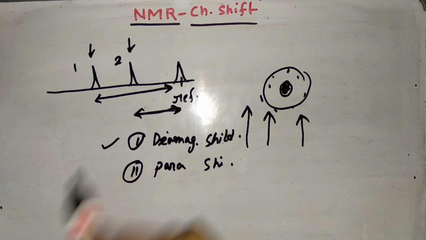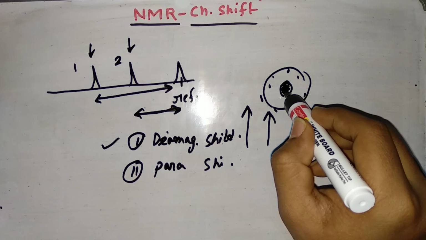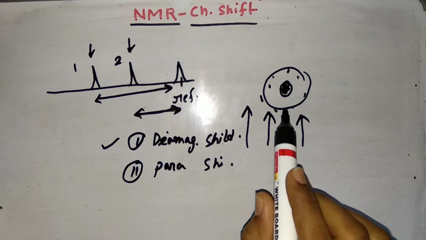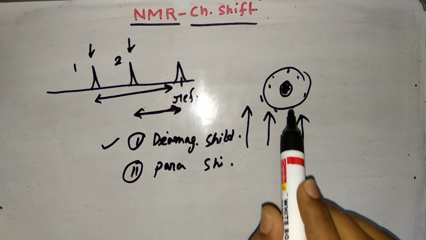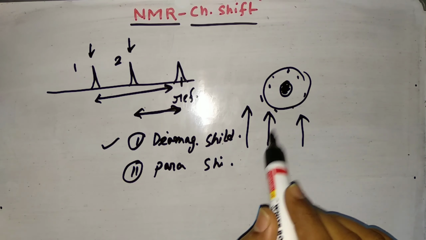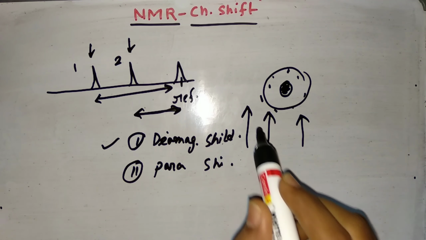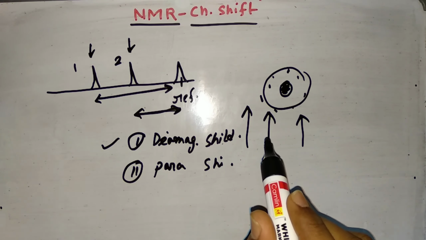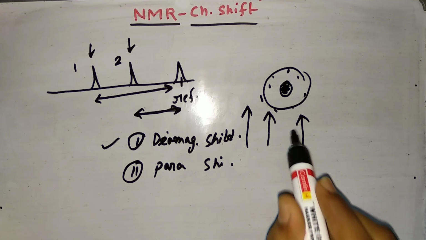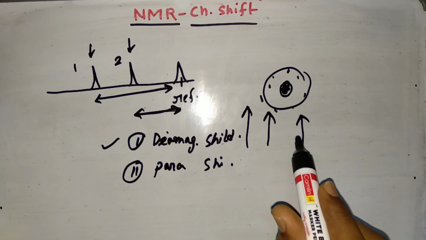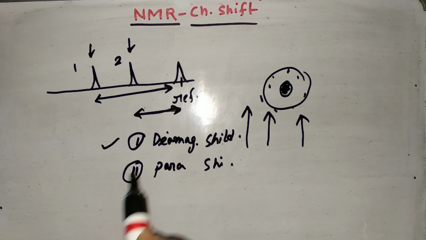So what is diamagnetic shielding? Diamagnetic shielding means, say this is the nucleus and around it a lot of electrons are present, and those electrons create their own magnetic field. When it interacts with the externally applied magnetic field, if those electrons don't align with it, that is, if those electrons oppose the externally applied magnetic field, then we will say diamagnetic shielding occurs.